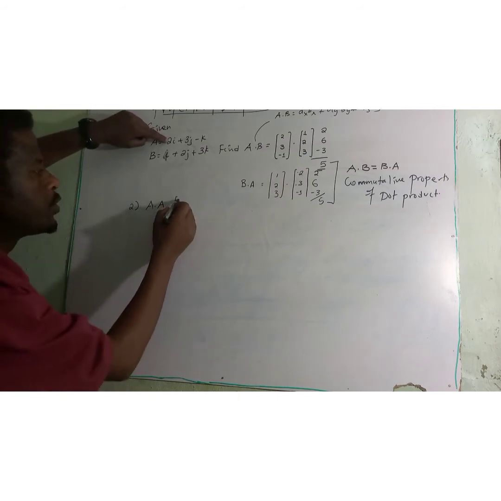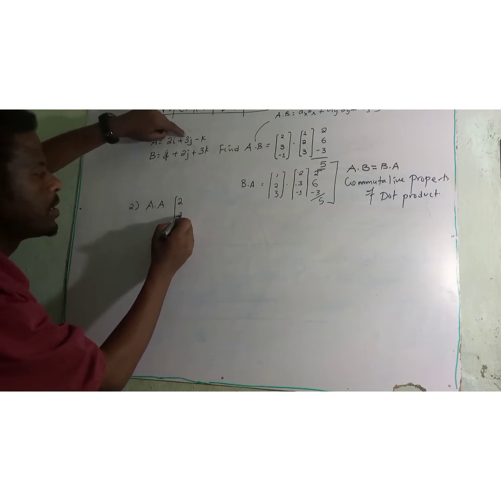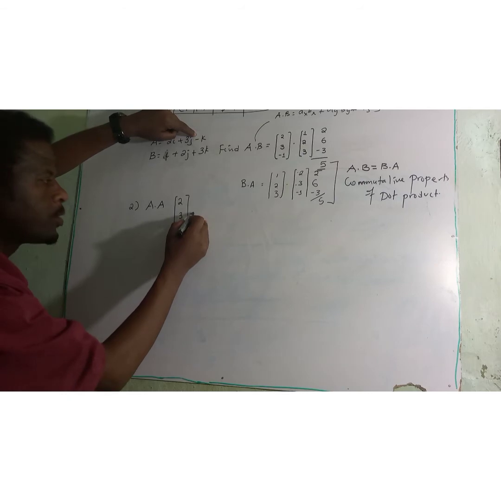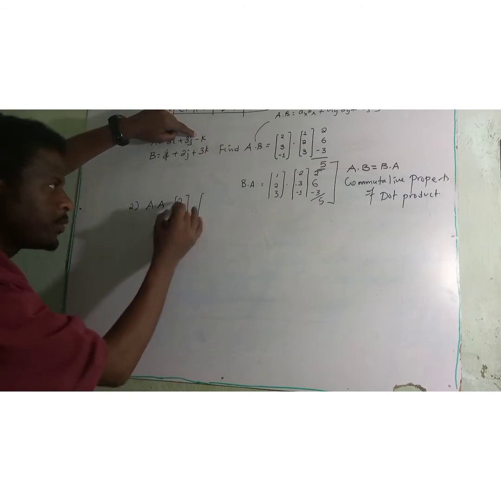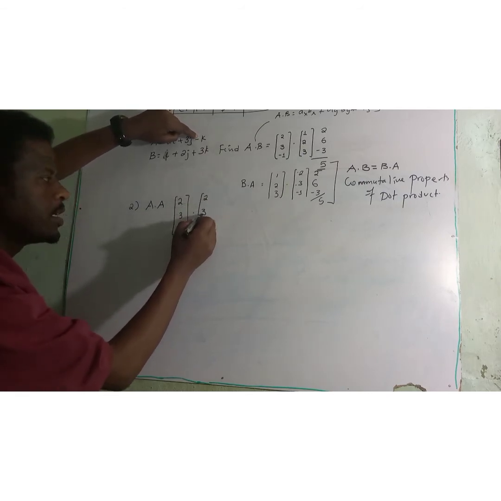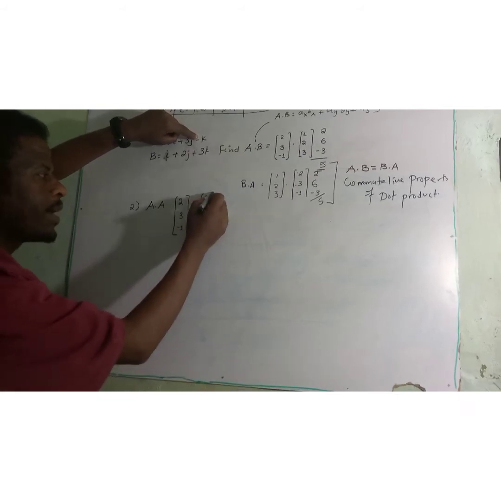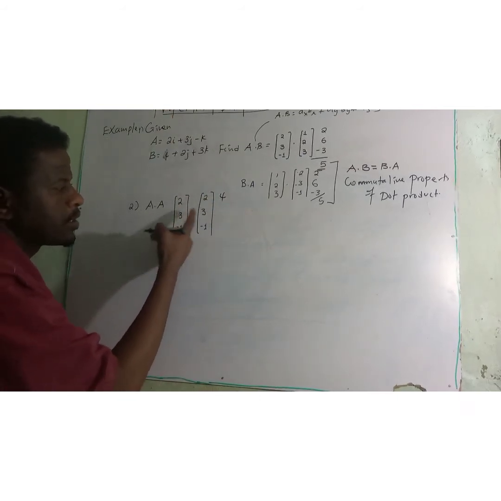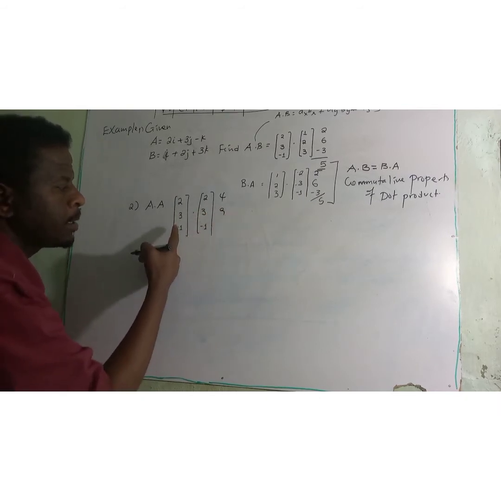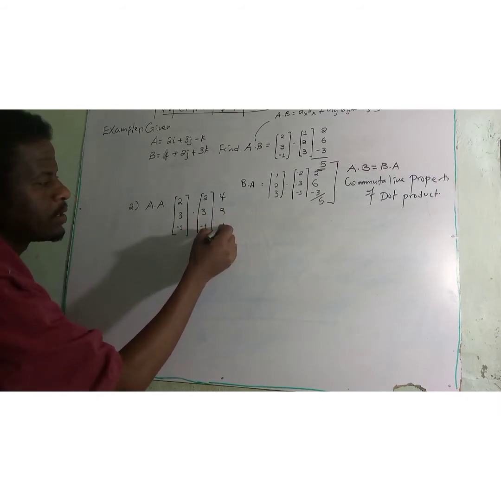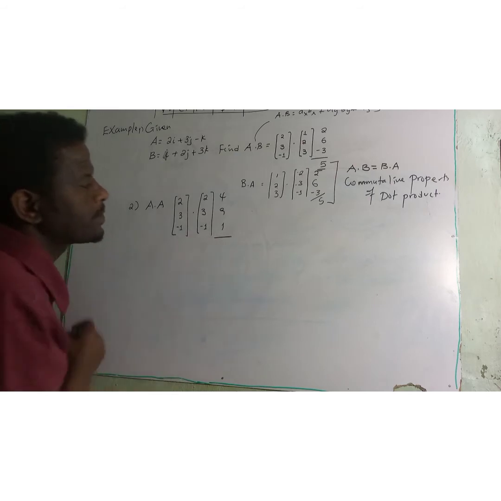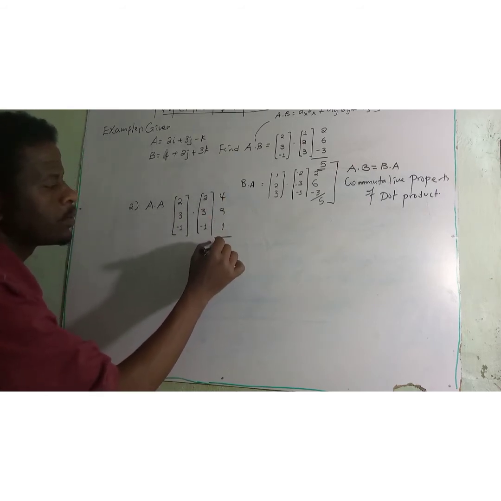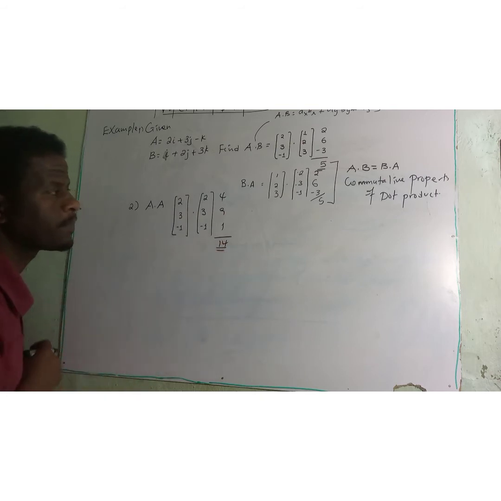A is 2, 3, and minus 1, again dot with itself: 2 times 2, 4, 3 times 3, 9, minus 1 times minus 1, 1. Their sum equals 4 plus 9 plus 1, 10, plus 4, which is 14.